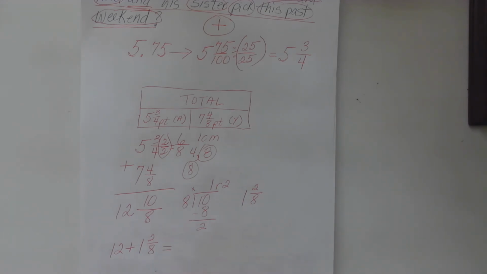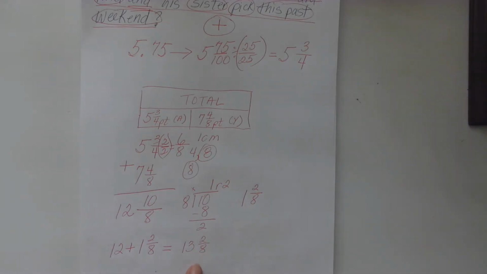I add my whole numbers. That gives me 13. And then nothing plus 2/8 is going to be 2/8. At this point, I have a mixed number. I have a proper fraction, but this fraction can still be simplified.